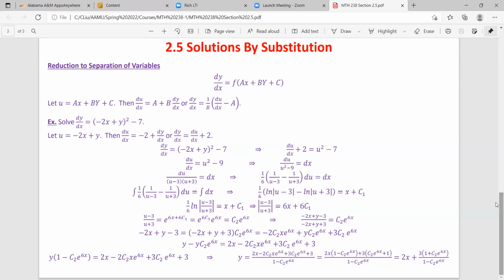It did take a little tedious work to solve it. Even though the substitution is straightforward, actually solving the problem requires a few more steps.